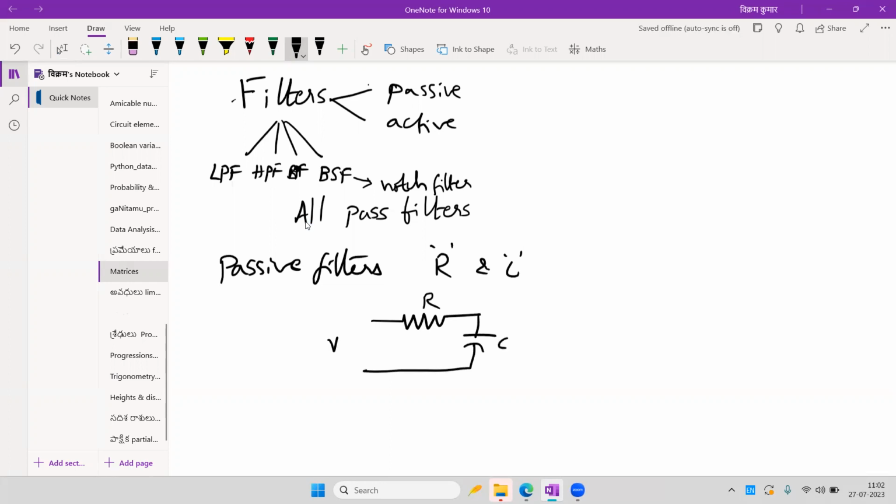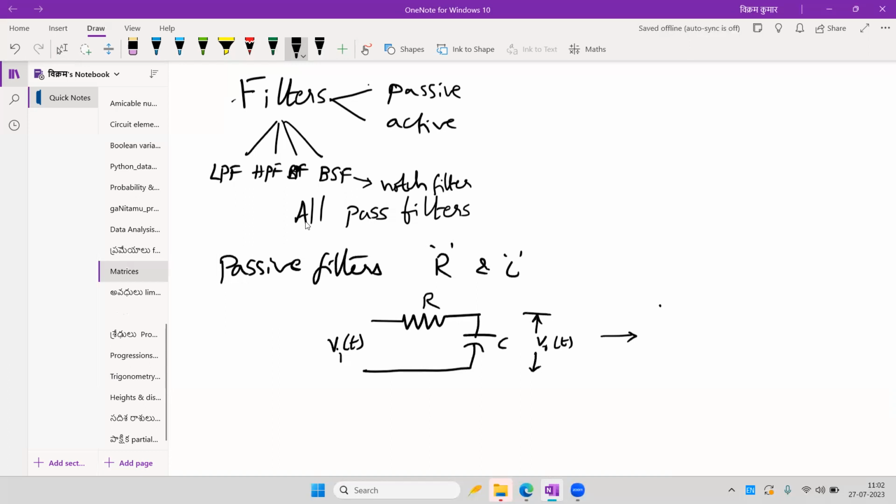Let us assume we are putting an input here, Vi of t, that is the input side, and we want to take the output across the capacitor. So let us call it V naught of t. If you want to draw the equivalent diagram in the frequency domain, the Laplace domain, on the left side you are seeing the time domain.